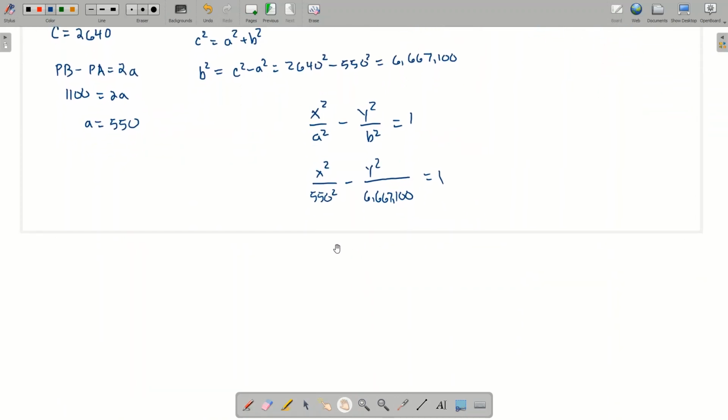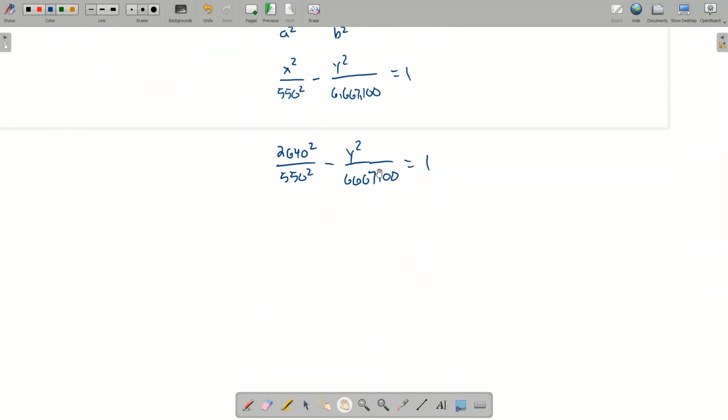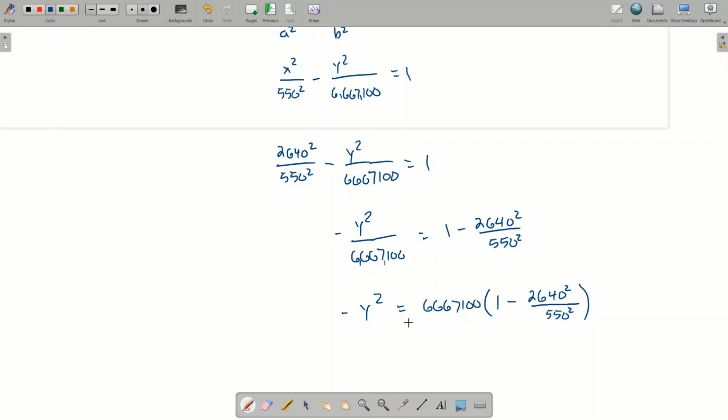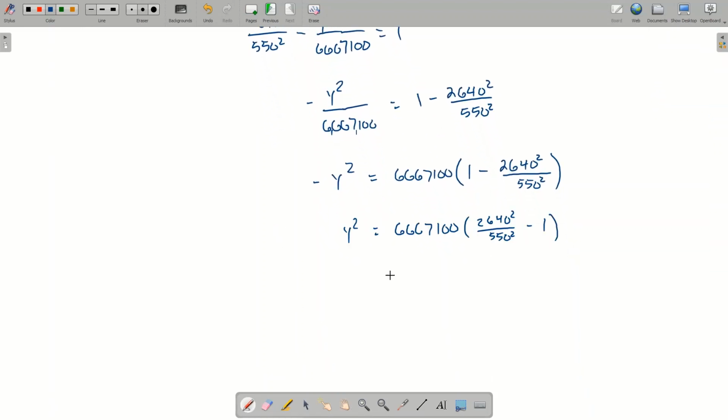So plug in 2,640 for the x, so 2,640 squared over 550 squared minus y squared over 6,667,100 equals 1. All right, we're going to solve this without actually simplifying all that. We would subtract this over, then we would multiply by this big number here. We could multiply by a negative, which would just flip this around, and then take a square root.